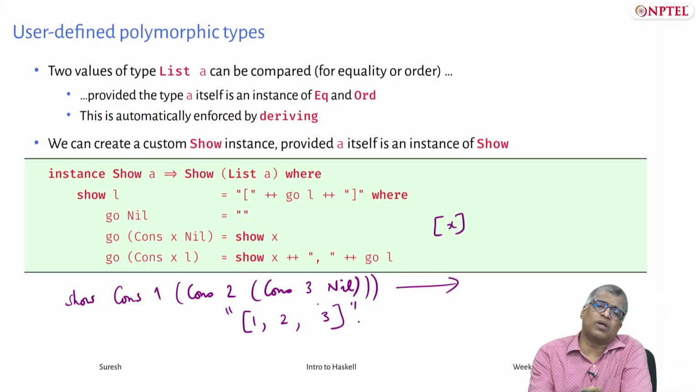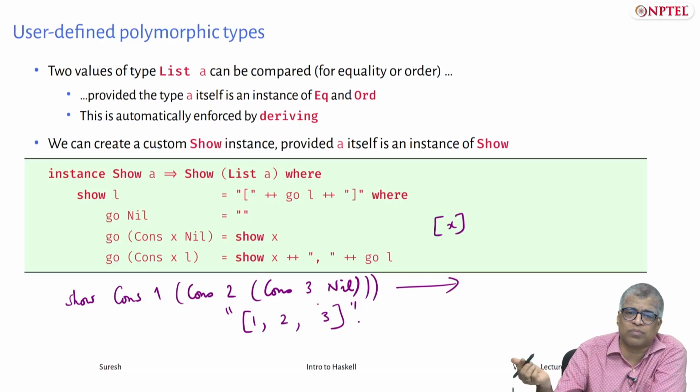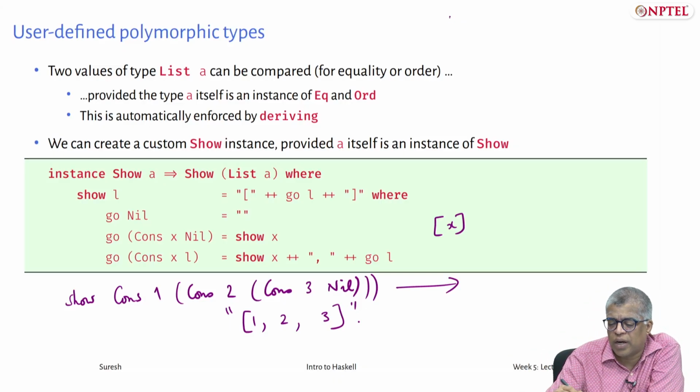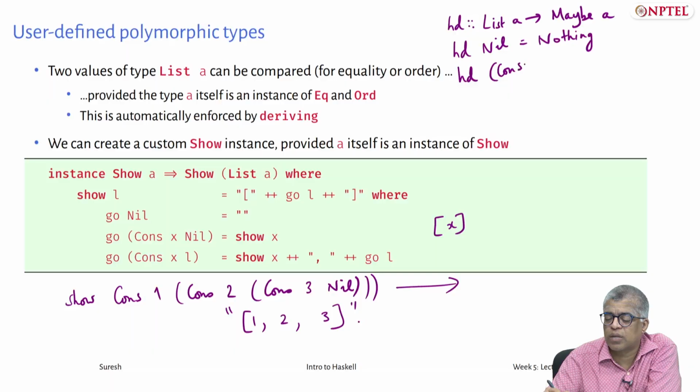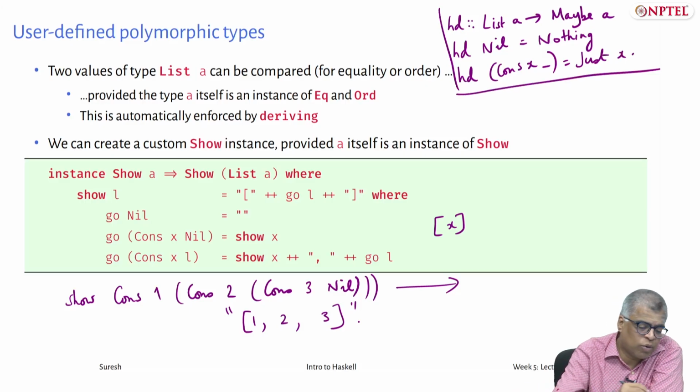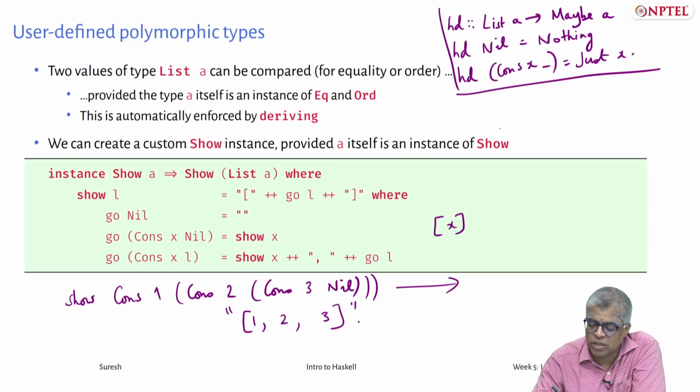And now if you can define your own list, then you can actually get some better behavior, right. I can say head, a function of type list A arrow maybe A, head of nil is nothing, head of cons x anything is just x, and I can have my own tail like this.